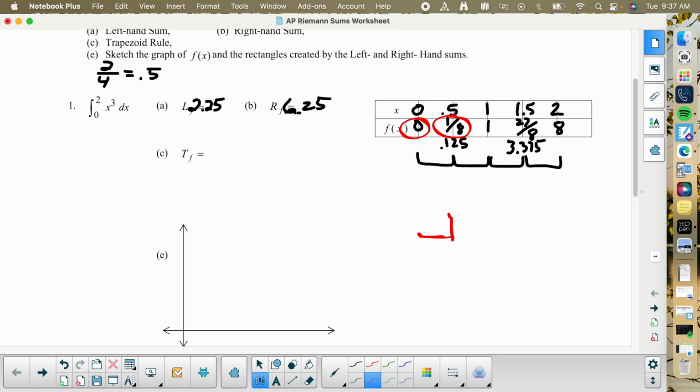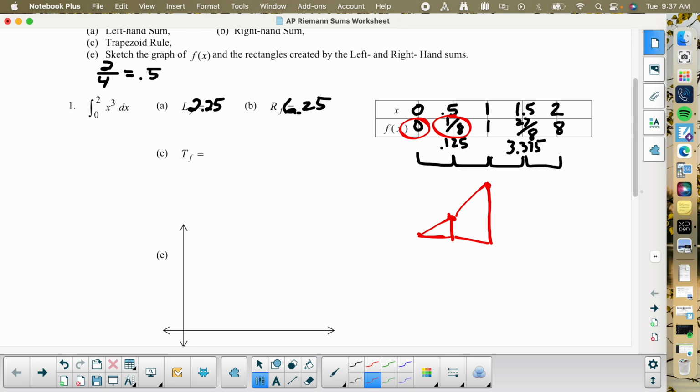Our first shape is going to look like that. Our second shape is going to be at a height of 1/8 and then a height of 1. So our second shape will be a trapezoid at a height of 1/8, height of 1. The third trapezoid is going to go from a height of 1 to a height of 3.375, and I would get 4 trapezoids.